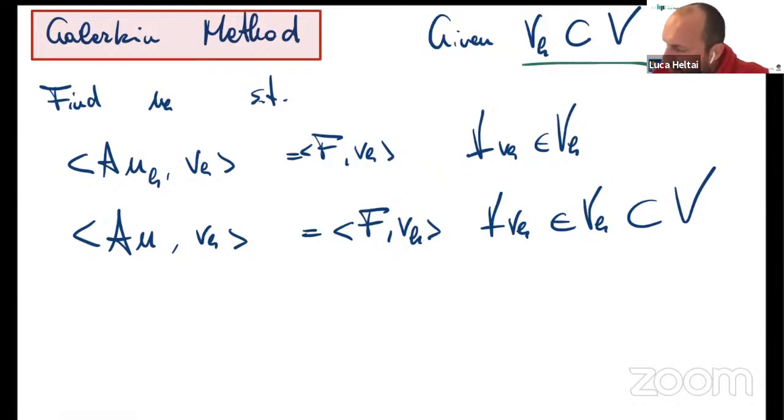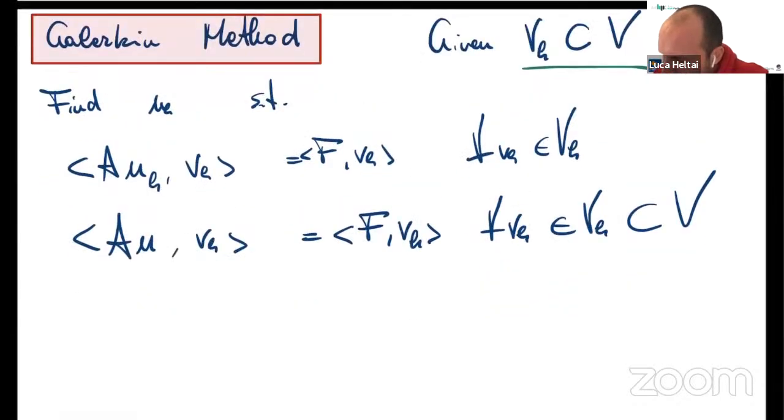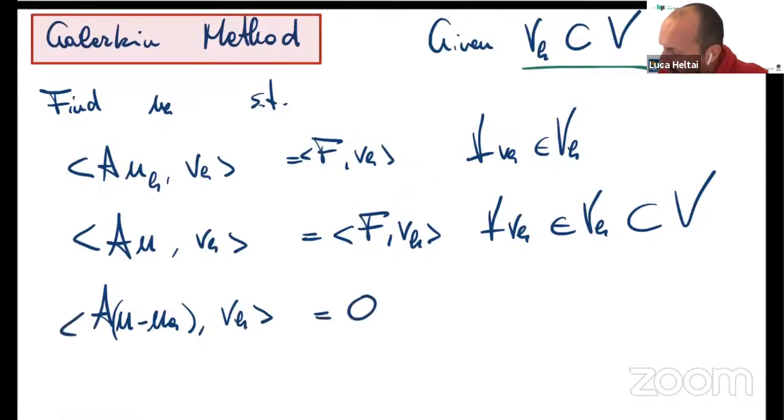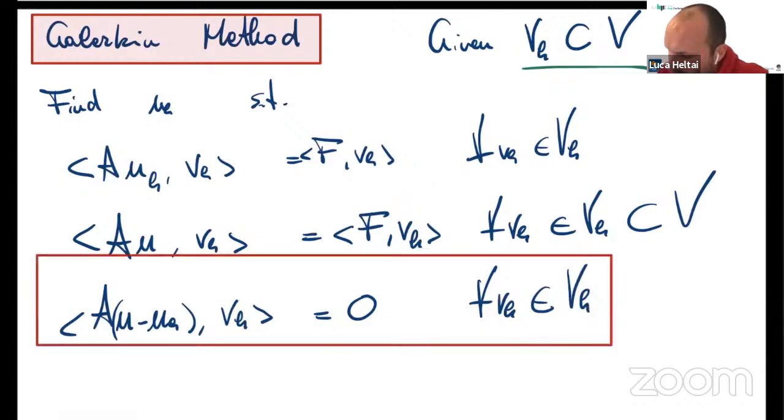what happens here is that you can subtract the two equations, and what you get is A of U minus U_H tested against V_H, and on the right, you get 0. And this is a remarkable property that finite element approximations have, but finite difference approximations don't.